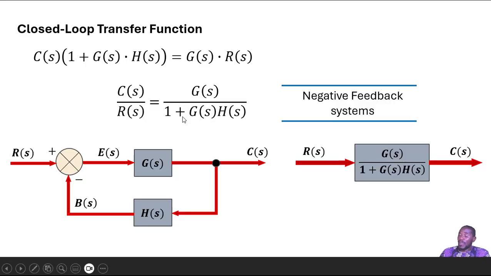All right. And this is also very intuitive that your forward loop transfer function stays as the numerator of the closed loop transfer function. Then your denominator will be a product of your forward loop transfer function and the feedback transfer function added to 1.